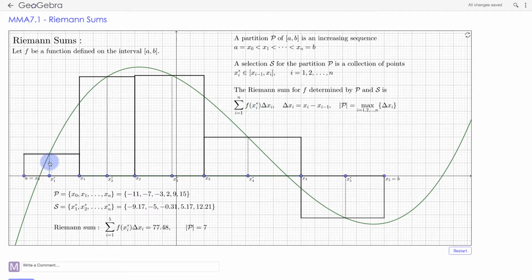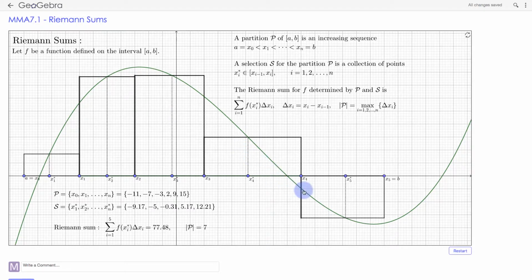Well, it's the functional value at this point. So take the selected point, and you see what is the functional value here. And then you multiply the two numbers. What do you get if you multiply two numbers? Basically, you get the area of this rectangle given by these two. And that we can do for each of these subintervals, and then we get some area.